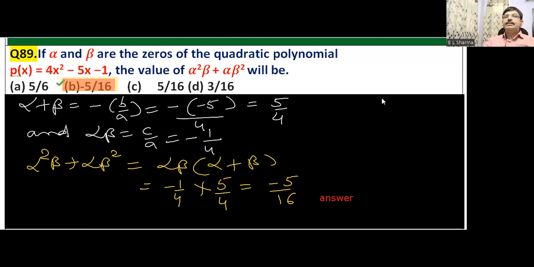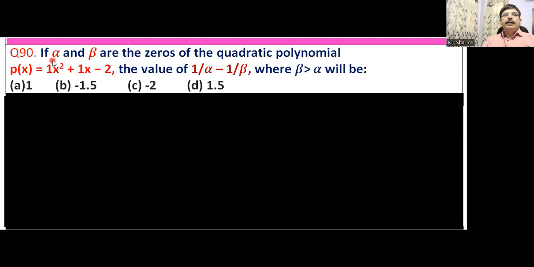And now next question on your screen. If alpha and beta are the zeros of the quadratic polynomial 1x square plus 1x minus 2, then what will be the value of 1 upon alpha minus 1 upon beta, where beta is greater than alpha?